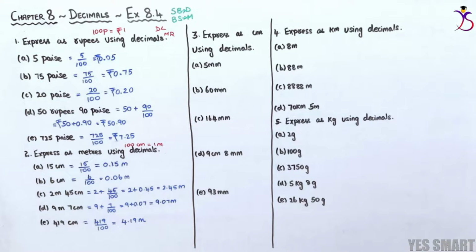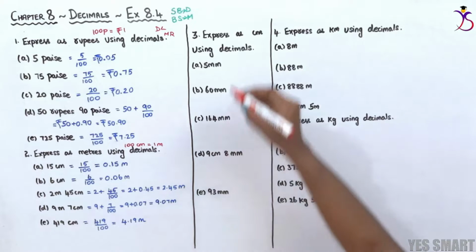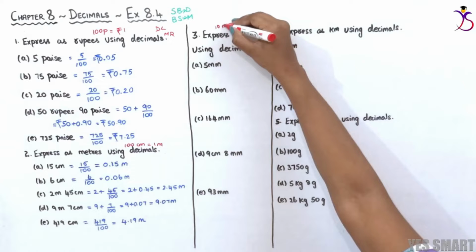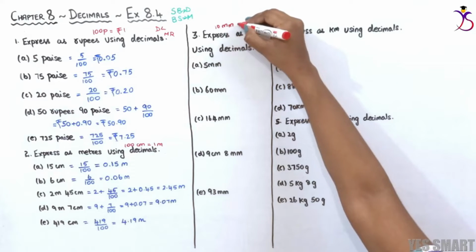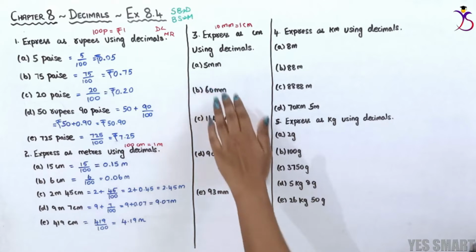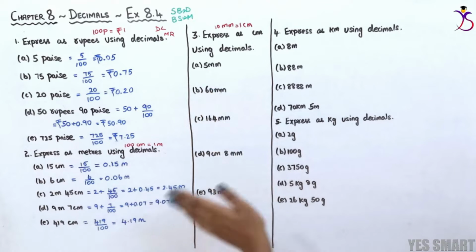Now let's move on to the third sum. Express as centimeter using decimals. They have given in millimeter, we are supposed to convert it to centimeter. Here also it is small to big, therefore it is division. We know that 10 mm equals 1 centimeter. So using this, let's convert the subdivisions.